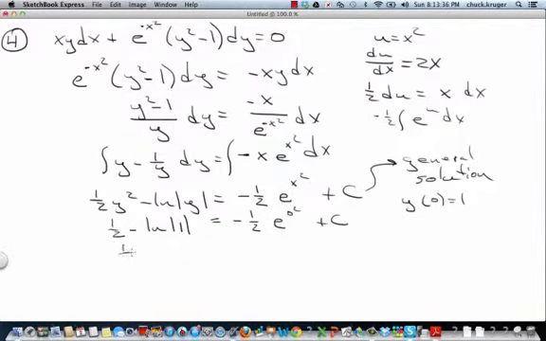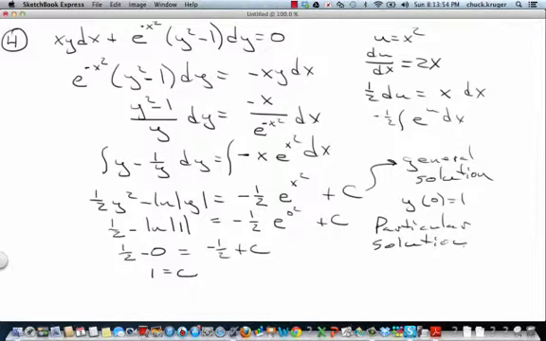So this is going to be 1/2 minus 0 is equal to a negative 1/2 plus c. It looks like 1 is going to equal c. So my particular solution will be 1/2 y squared minus the ln of the absolute value of y is equal to a negative 1/2 e to the x squared plus 1.